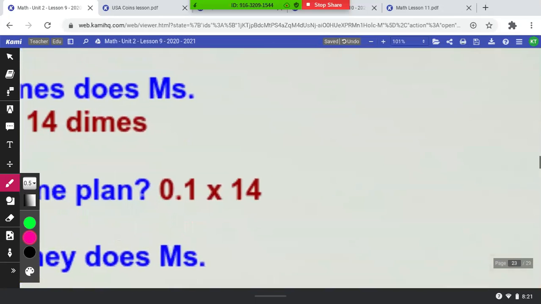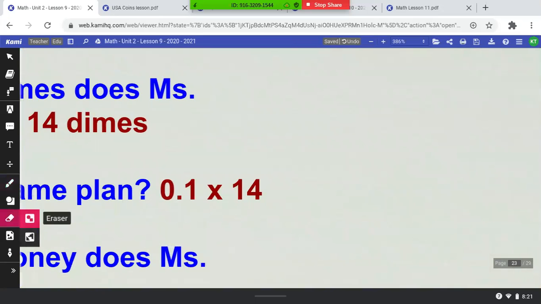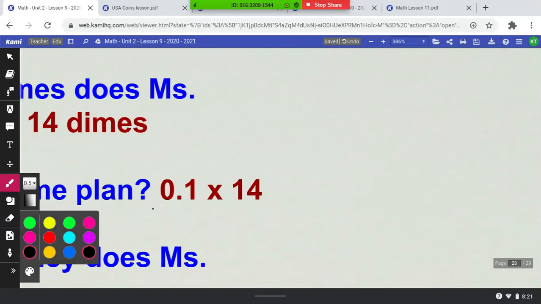So, do you remember in previous number lines when we multiplied by 1/10, what happens to the place value? We said that that would be the same as dividing by 10.